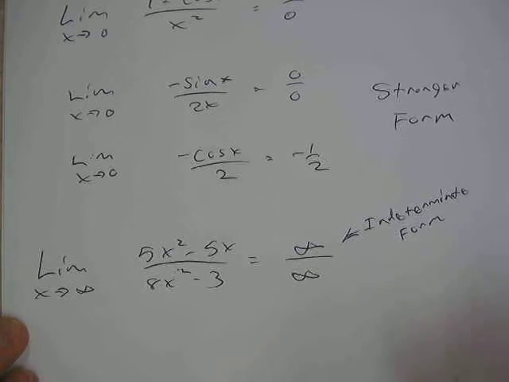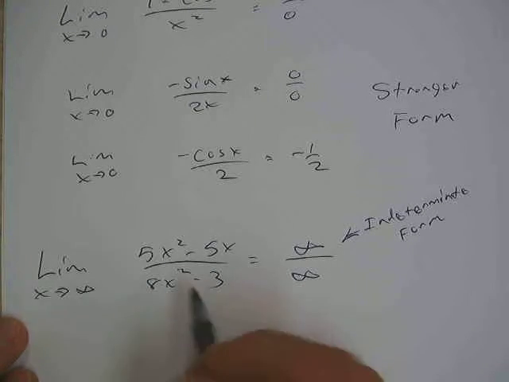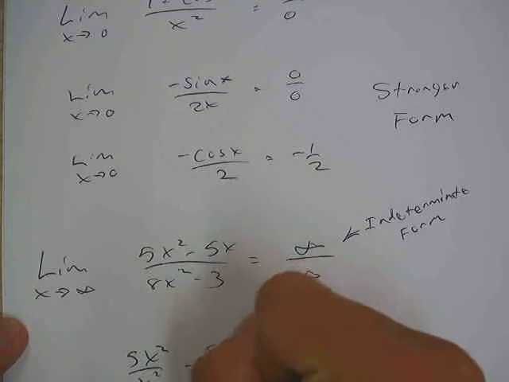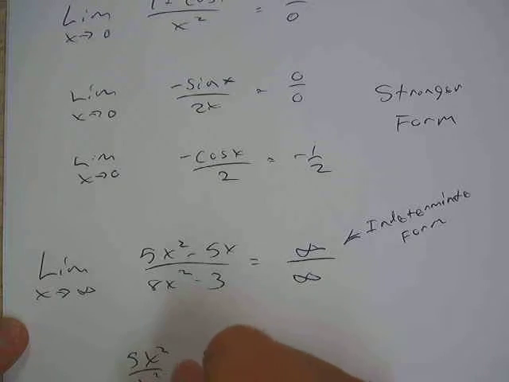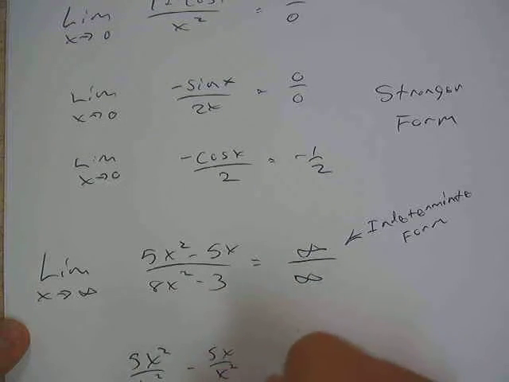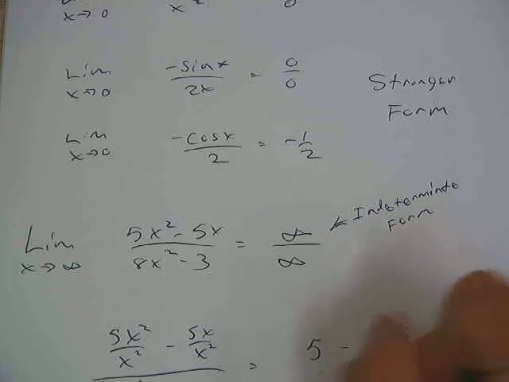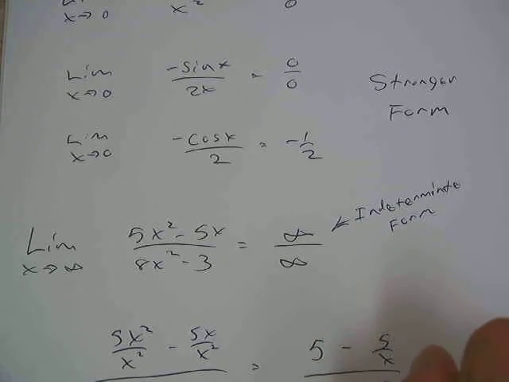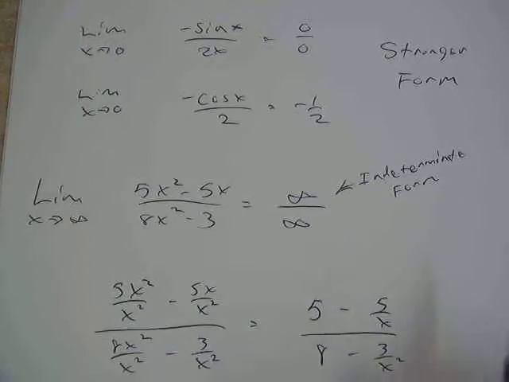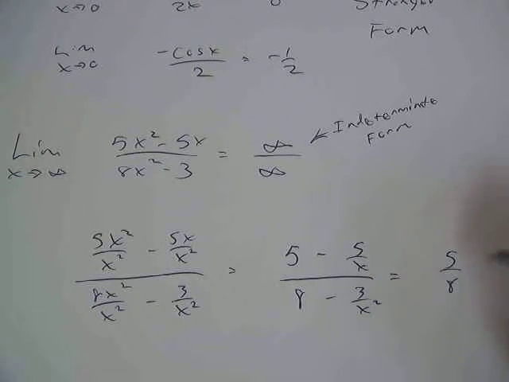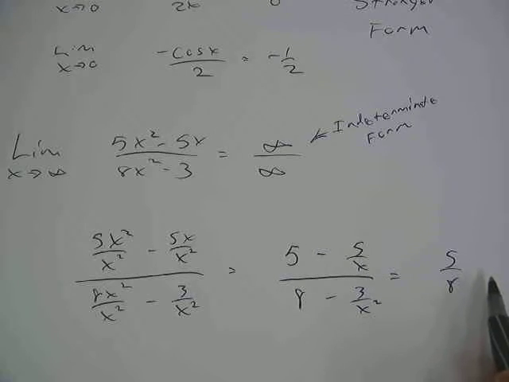And what we learned in algebra, pre-calc, etc., is that if we divide each of the top and bottom by the highest powered term here, if we do 5x squared over x squared minus 5x over x squared, and we do 8x squared over x squared minus 3 over x squared, and then we simplify, our new argument becomes 5 minus 5 over x, and then at the bottom we'd have 8 minus 3 over x squared. And if we took the limit as x approaches infinity, we know that anything with an x on the bottom, as x grows, these are going to go to 0. So the answer here is 5/8.